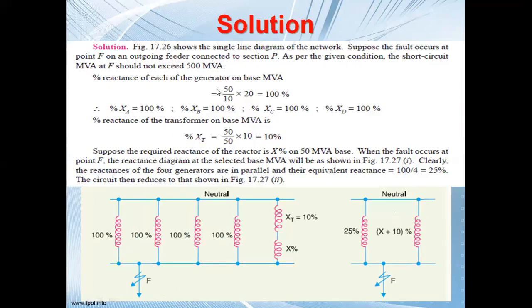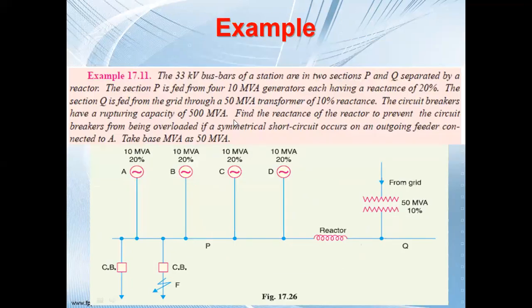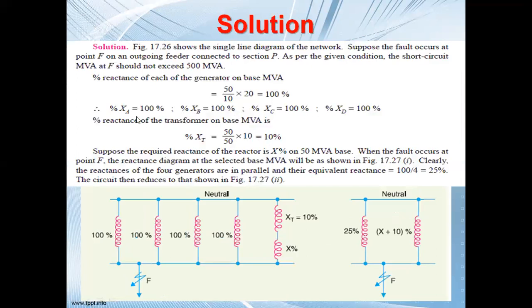The percentage reactance of each generator on 50 MVA base is 50 by 10 into 20, so it is 100% for all the generators. Similarly, the percentage reactance of the transformer on base MVA remains the same.